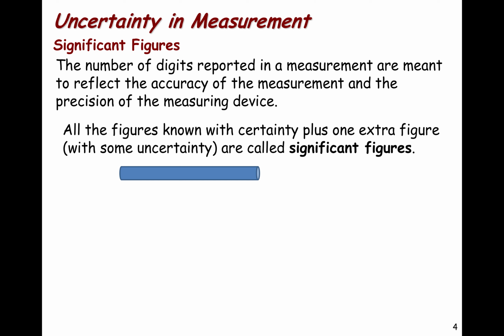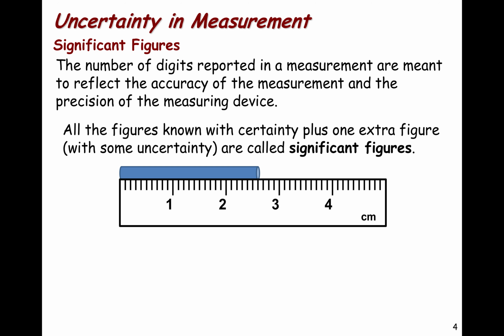So if, for example, we wish to know the length of this particular rod, I would use a ruler. The ruler will have markings on it, and in this case, the lines that are marked with 1, 2, 3, and 4 are centimeters, as indicated by the cm on the ruler.